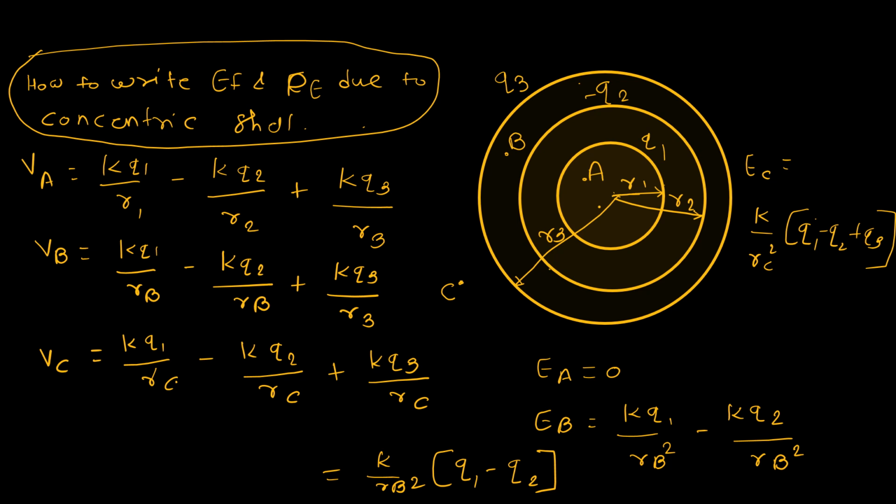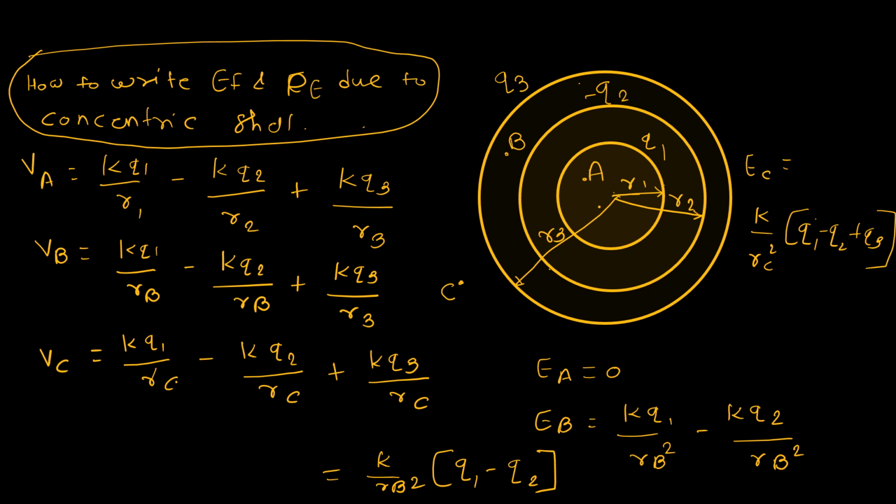Now because of q2, you can write kq2 upon r2. Why? Because from the origin, q2 lies on the second surface having radius r2, so from 0 to r2 the potential because of charge q2 is kq2 divided by r2, and A lies inside this r2.